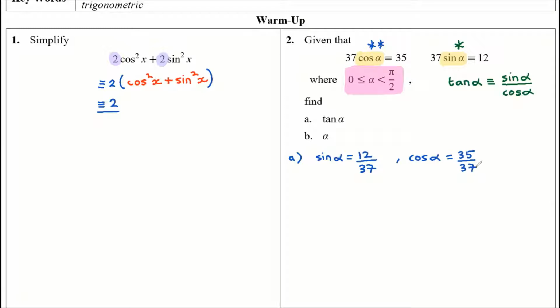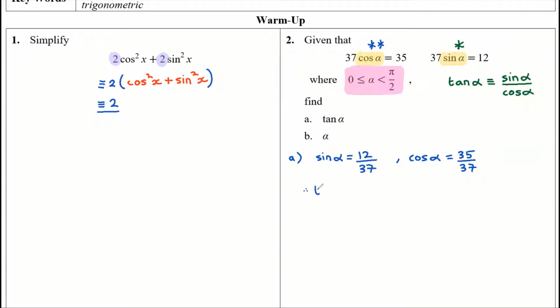And interesting, we've got 37 here. Now, what would the relationship be between these 3 numbers, the 12, the 35, and the 37? Well, I'll let you explore this, but you'll probably realize this is going to be a Pythagorean triple because we're talking about the adjacent, the opposite, and the hypotenuse of a right angle triangle with an angle alpha inside it. So let's move on.